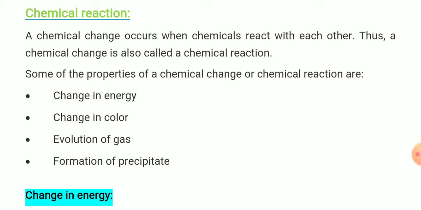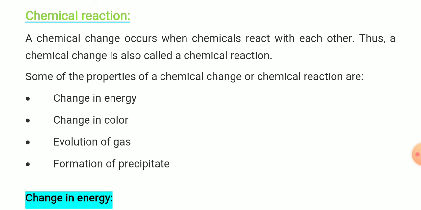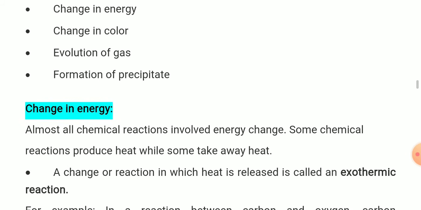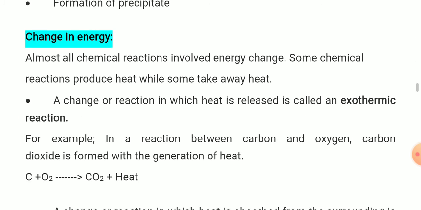Third, evolution of gas. You can also see that in some chemical reactions there is formation of different types of gases, and the formation of precipitate. Precipitate means a solid product which separates out from the solution. So let's read about these important properties.